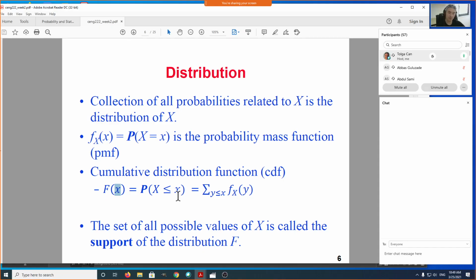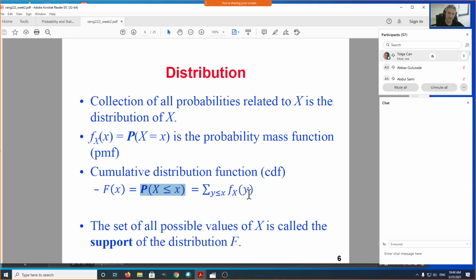Okay, but for discrete random variables, there's a difference. Getting this equality sign makes a difference when we have discrete random variables.